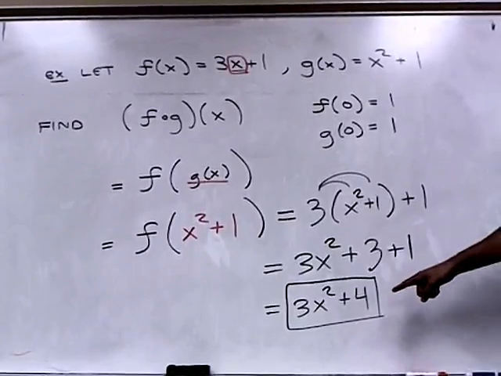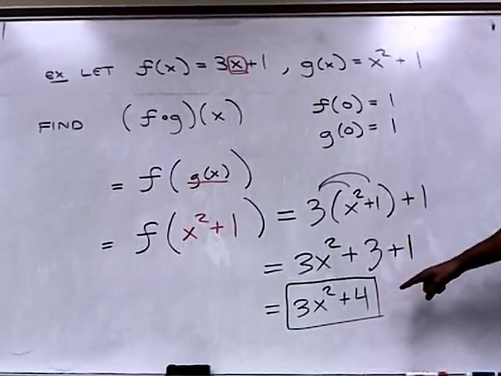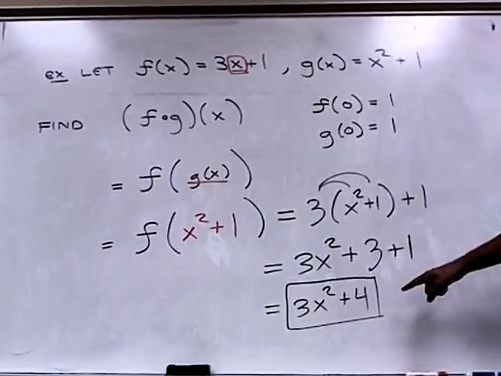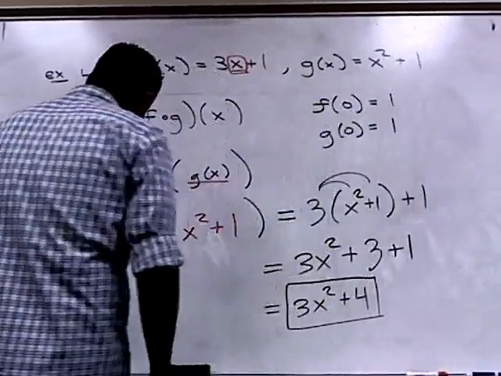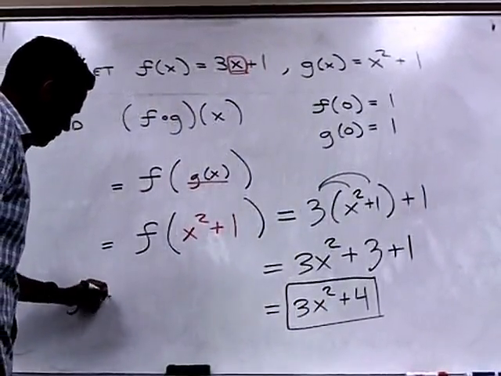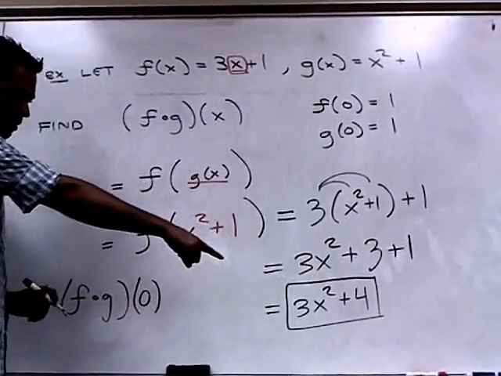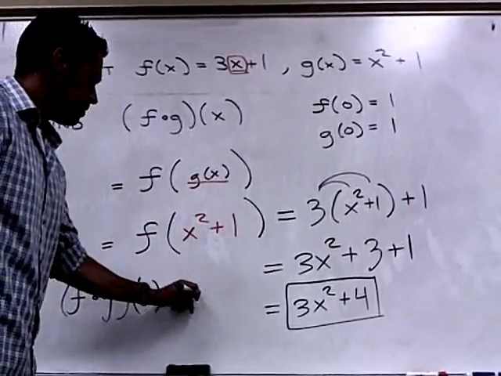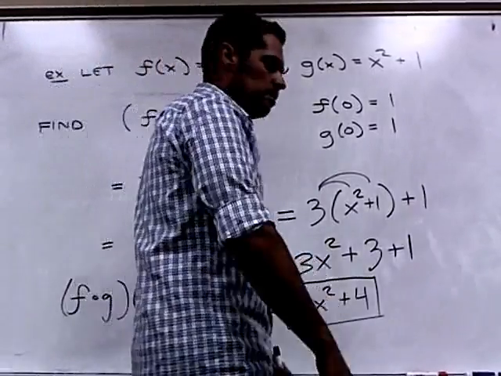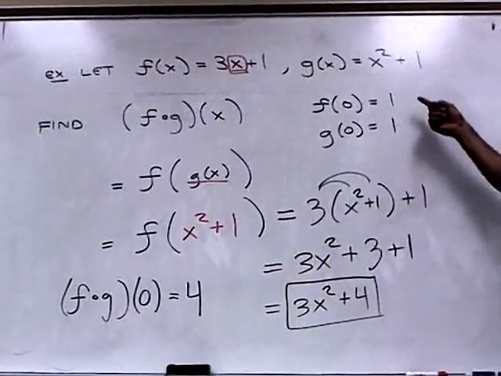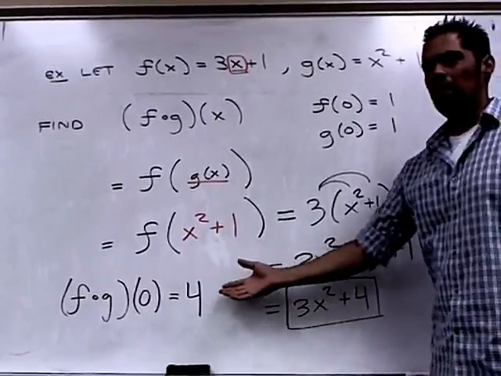Now, let's come down here and plug 0 in here, so that I'm actually asking, what's f of g of 0? According to this, it's 4, isn't it? So what is that? How do I go from 1, 1 to 4? What's happening here?